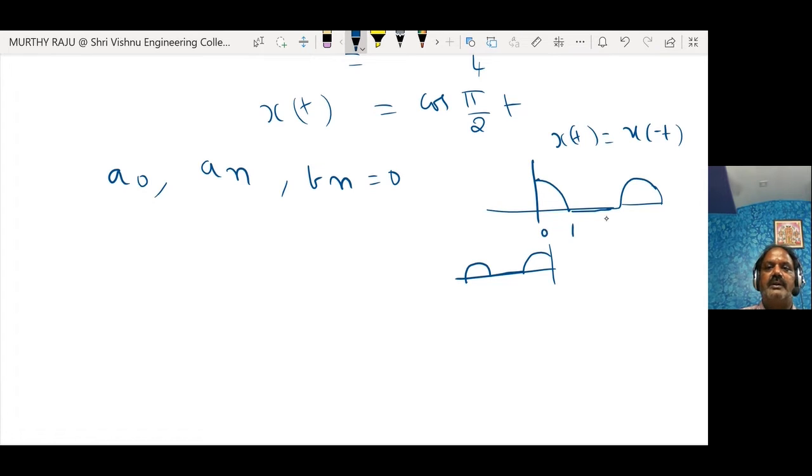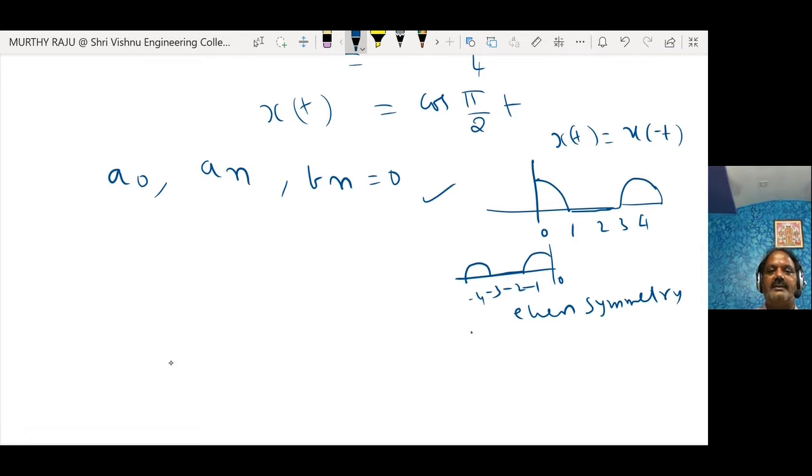Here minus t means minus of minus gives plus 1, plus 2, plus 3, plus 4. Therefore, x of t is x of minus t. It is even symmetry, and for even symmetry, b n is equal to 0.